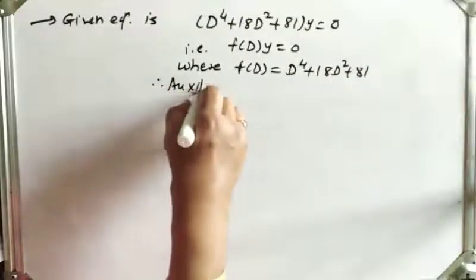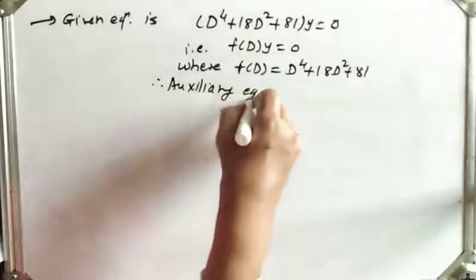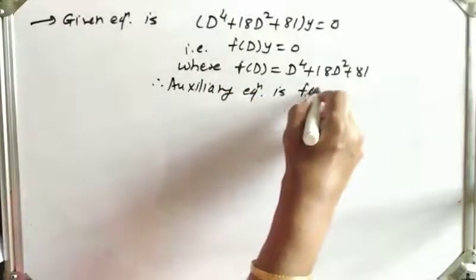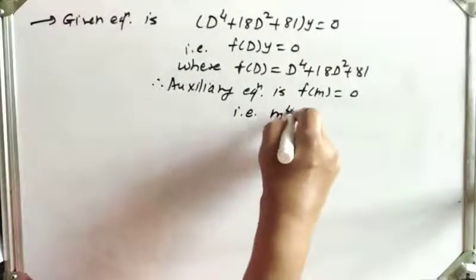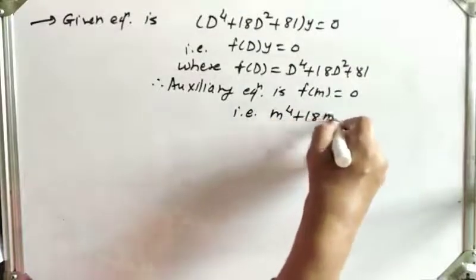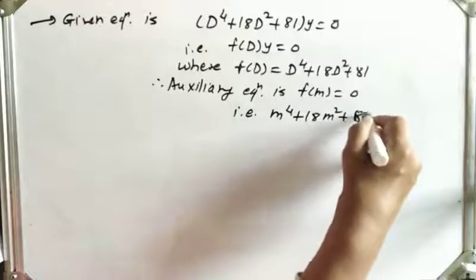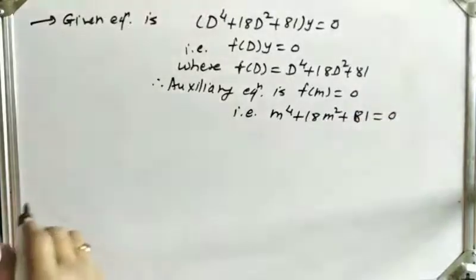Therefore, the auxiliary equation is f of m is equal to 0, that is m raised to 4 plus 18m square plus 81 is equal to 0.